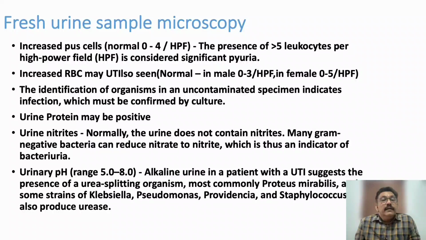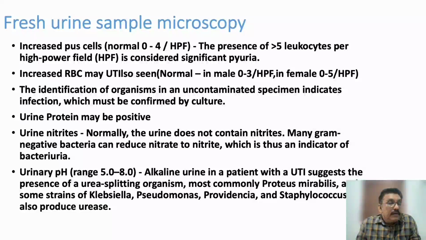Whenever we take a urine sample, it is always recommended to take a midstream urine sample. That is very important. Any urinary tract infection can be associated with elevated WBC in the urine. You can see pus cells or WBCs are very high in a urinary tract infection.